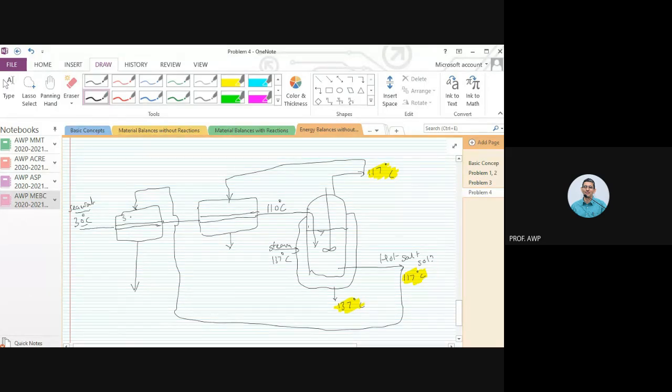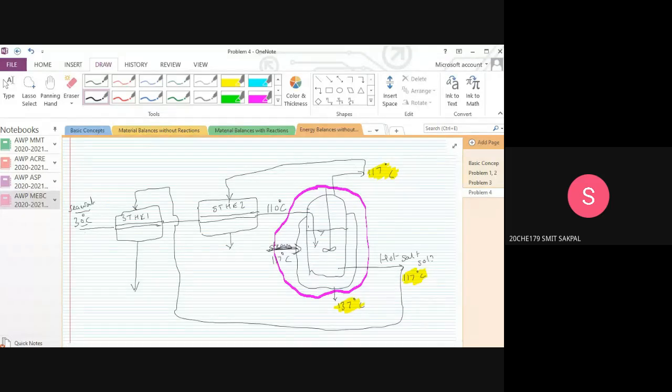One shell and tube heat exchanger 1, shell and tube heat exchanger 2. Can I not use that to heat up the seawater so that, as far as our control volume, this evaporator, is concerned, the amount of steam required can be reduced? Do you agree or do you disagree? Yes, sir. Agreed, sir.